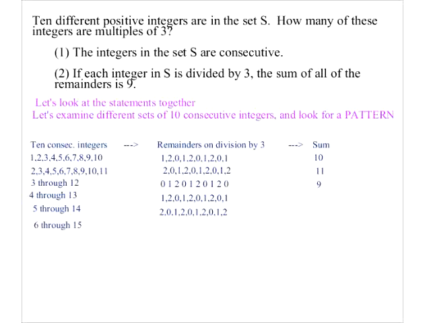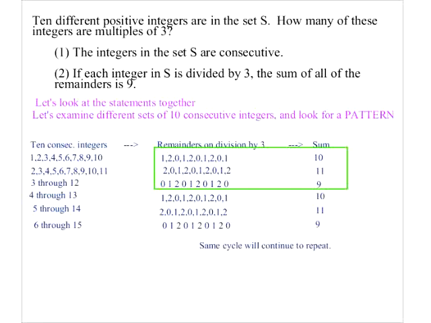Everything repeats, and this shouldn't be a surprise, because after all, remainders are just a whole bunch of repeating patterns. So this cycle will just keep occurring over and over again.